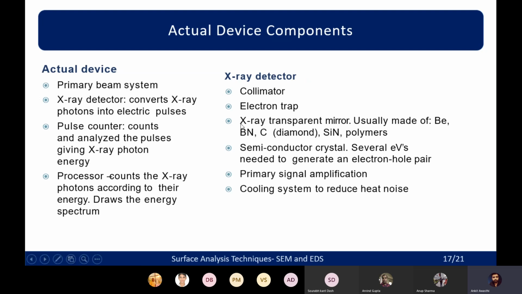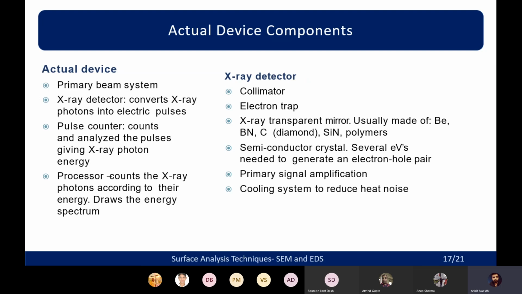After that we have an X-ray transparent mirror. The role of this mirror is that the place where we receive the signals and the place where we analyze them are some distance apart, so these are used to take the signals from the receiving point to the analysis point. And then semiconductor crystals are there.